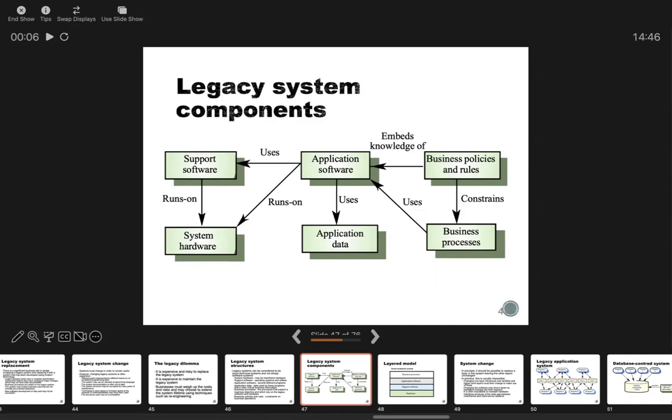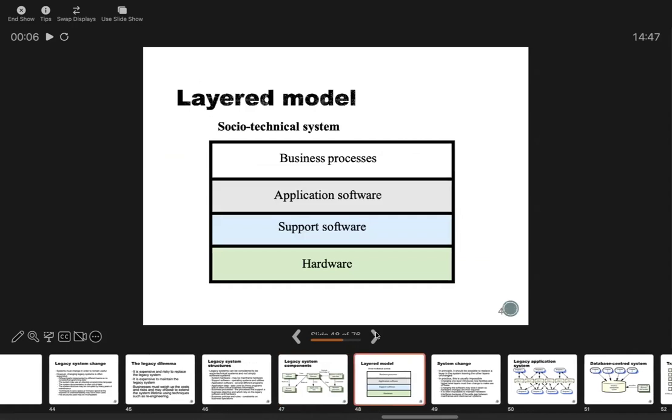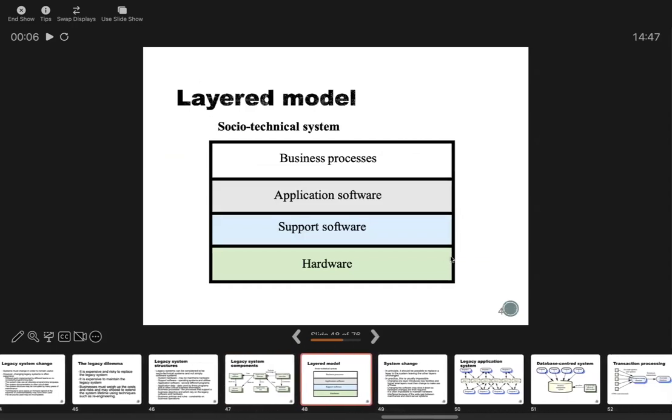Later, our system informs us. This embeds the knowledge from the business rules and policies, and this informs how the application behaves. Also, we give some constraints. So this is the layered approach of a socio-technical system: first hardware, then support software, application software, and the business processes that I have mentioned.